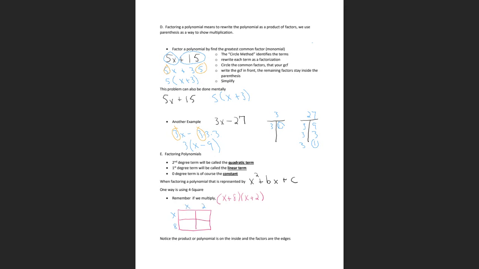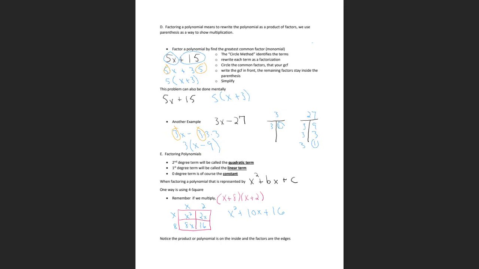So if I gave you the factors using foursquare, the product was on the inside. So this x squared would go here, this 2x goes here, this 8x goes here, and this 16 would come here. If I put this all together, we have this x squared plus this 10x plus this 16. That's what we did in the last section.